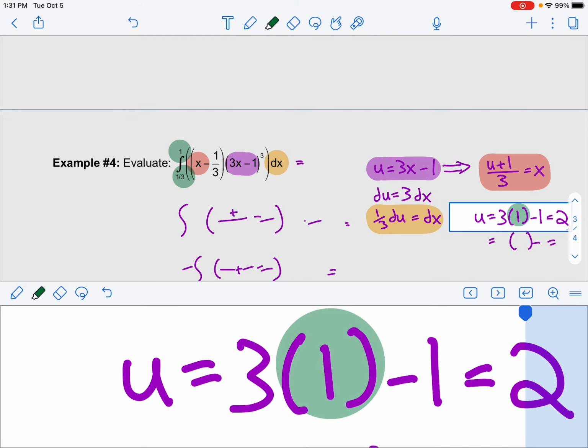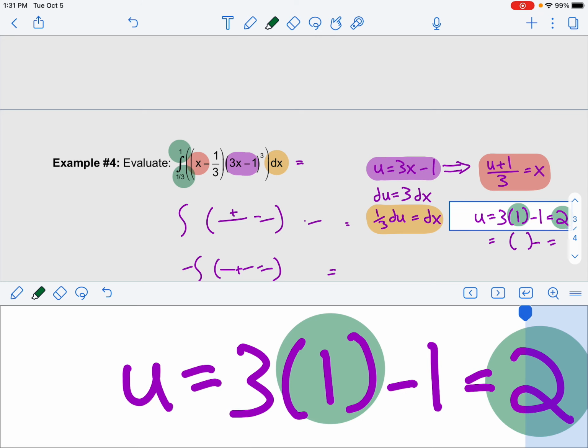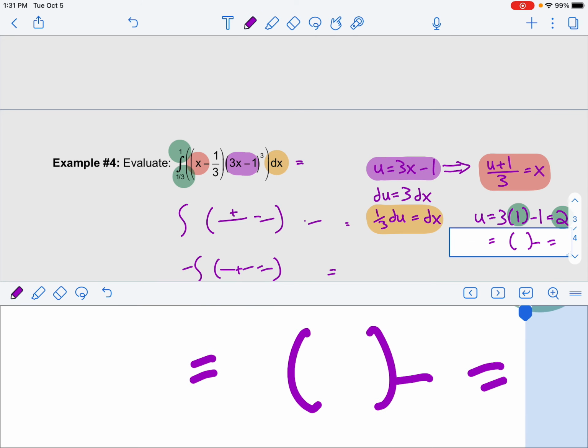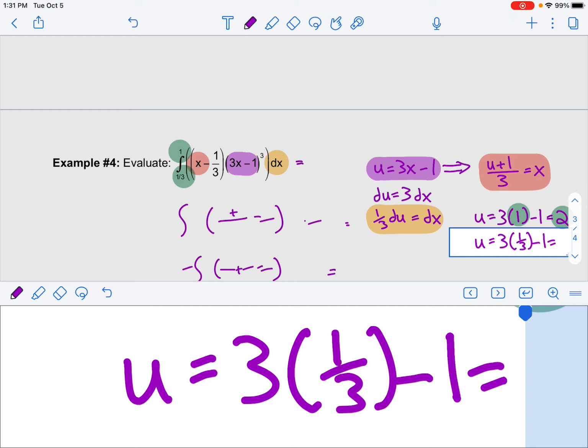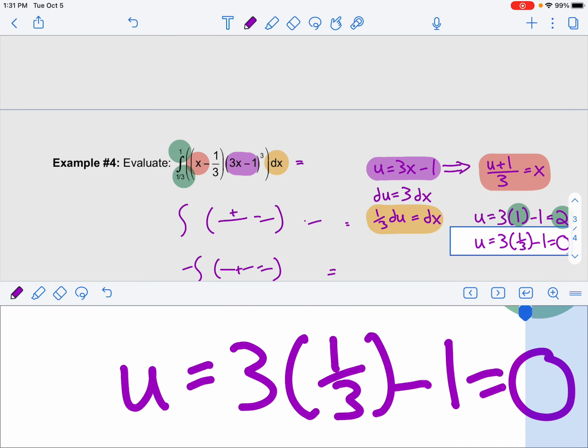So when x is 1, u is 2. And then when x is 1/3, u equals 3 times 1/3 minus 1. Well, 1/3 of 3 is 1, minus 1 is going to get me 0. And so when x was 1/3, u was 0.